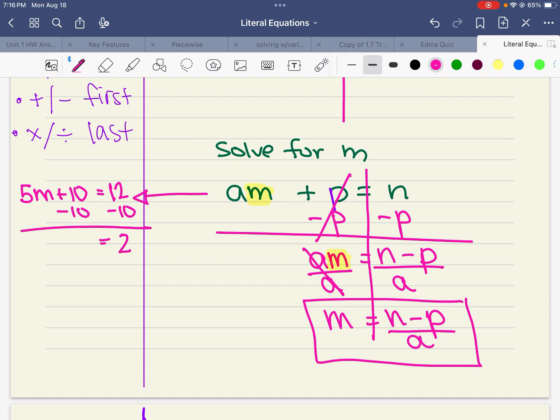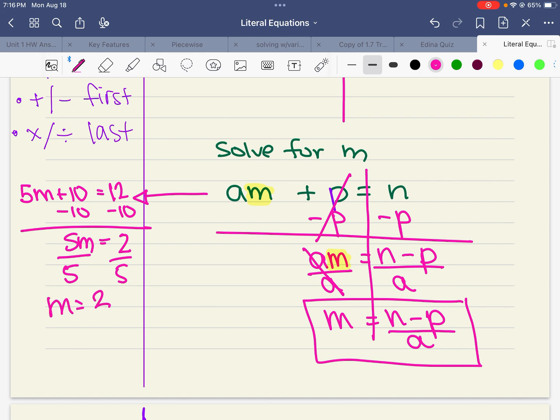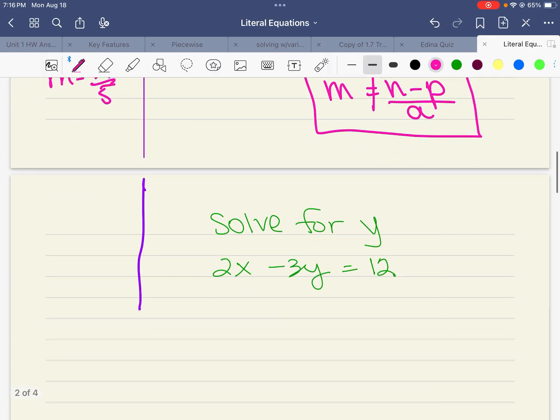The only difference is that for this example over here, I'm able to actually combine like terms. Here I don't have like terms, so I can't combine them. That's really the only difference. And then I would divide by 5, just like we divided by A to get the M alone, and I have 2 over 5. Okay, so very similar when you look at those side by side.